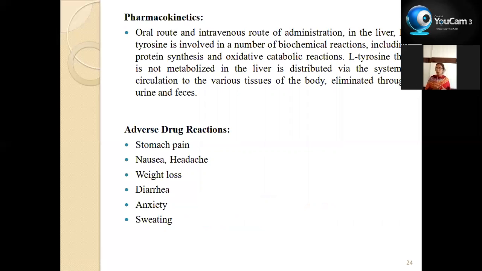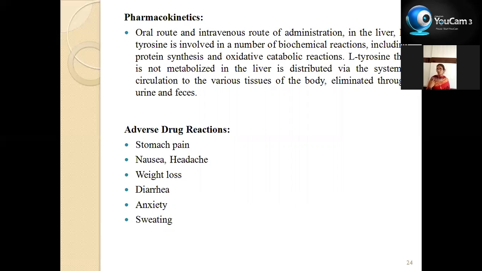It is distributed via systemic circulation to various parts of the body, and it is eliminated through the urine and the feces.